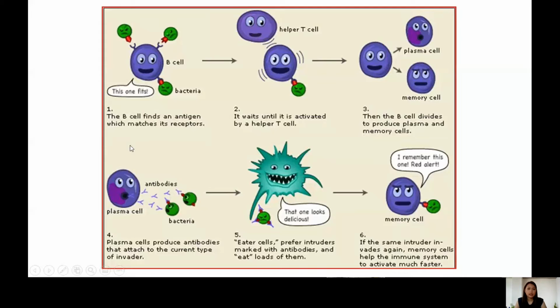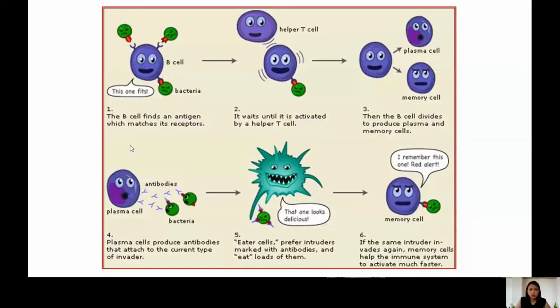It roams around our body, recognizing whether a pathogen has entered our body. How will it recognize the pathogen? By the antigens attached to the bacteria, virus, parasites, or fungi. So the B cell has now recognized that an invader has entered our body by its antigen.